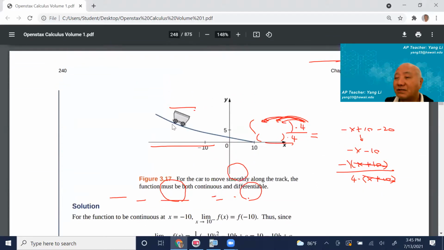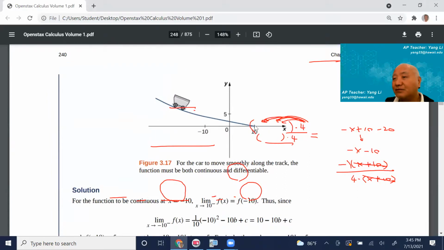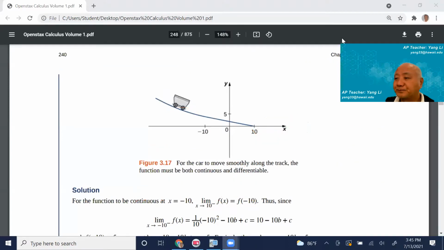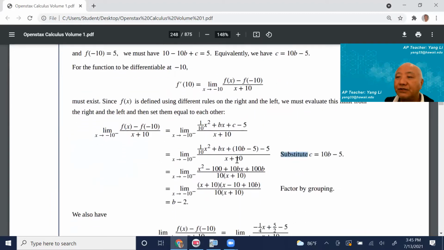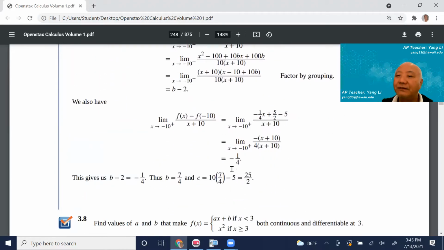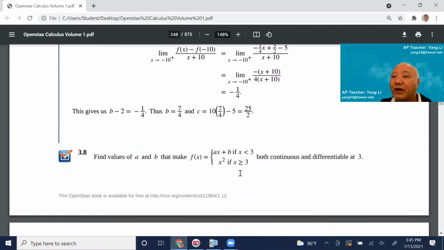So that makes this track smooth, okay? And we are going to use the same idea to explain the checkmark question of 3.8, okay?